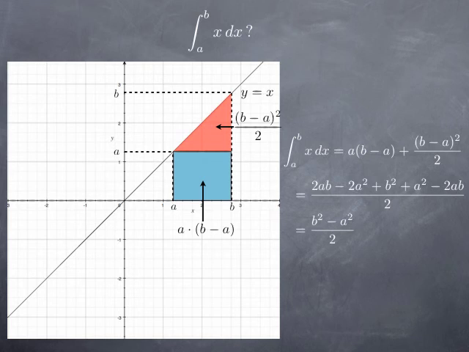Simplifying this, you see that the two ab's cancel out, and then I have b squared plus a squared minus 2a squared, so I end up with (b squared minus a squared) over 2. So this is my formula, and as I said before, I have established it with a geometric argument in this particular configuration. I encourage you to play around with other configurations and convince yourself that you would have exactly the same formula.